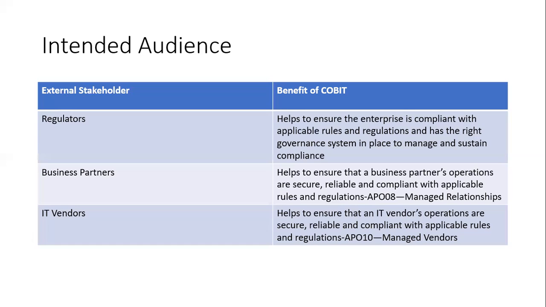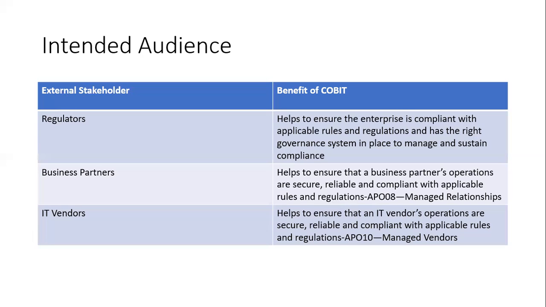Then you have IT vendors also as external stakeholders. There have been many cases online and in real life where attacks came through IT vendors. Because the IT vendors are connected to your network, they have physical access to your environment, so they could be compromised. The operations of the vendors could be compromised, leading to compromise of the client's environment also.